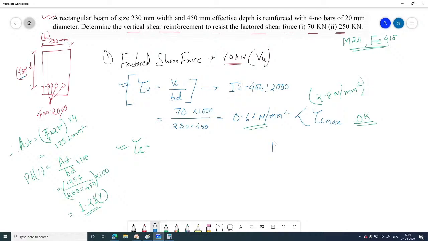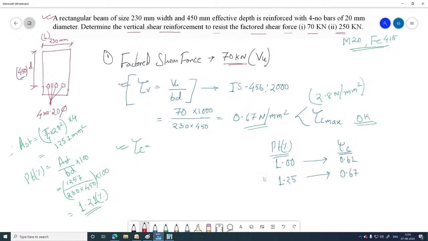Look, the percentage of steel, and here it is tau c. So the percentage of steel values are 1.00 and 1.25, and the tau c value is 0.62, which is the corresponding value for 1% of steel, and similarly here it is 0.67 for 1.25.